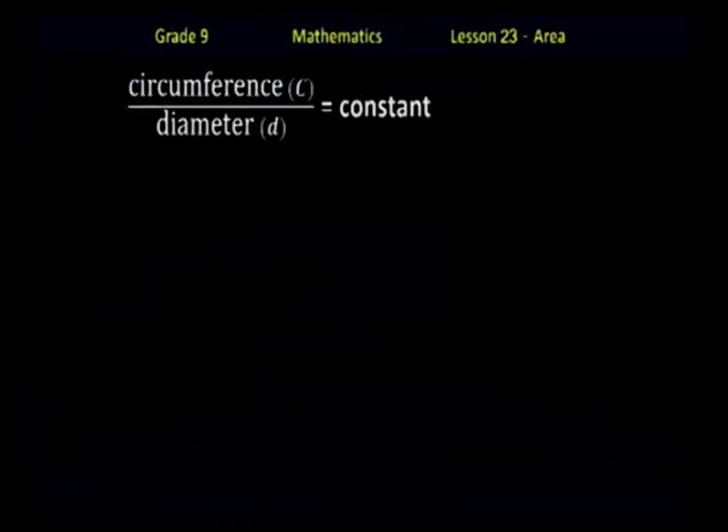How can you get the constant? Circumference is divided by diameter. Let's use the symbols. C is divided by D. Then you will get an approximated value close to 3.141. It is not divisible, so we can keep 3 dots.